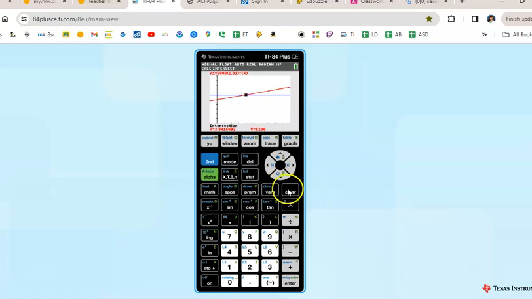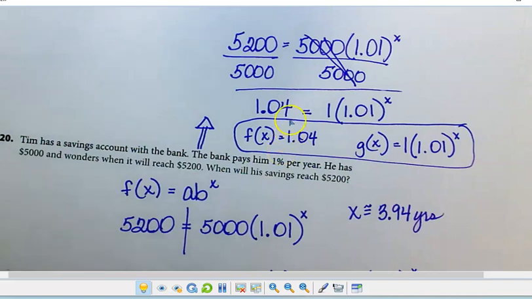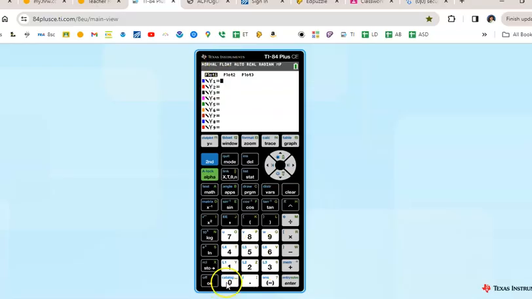Let's go back to the calculator. Let's clear all this. Clear that. Clear this. All right. This time, f of x is 1.04 and g of x is 1 times 1.01 raised to the x. All right. 1.04.